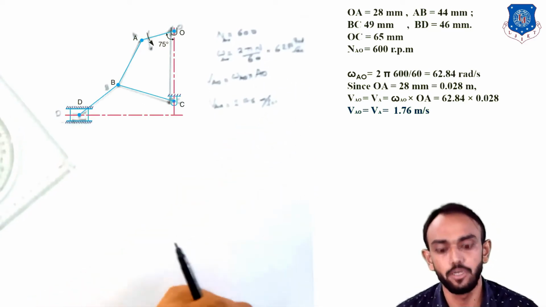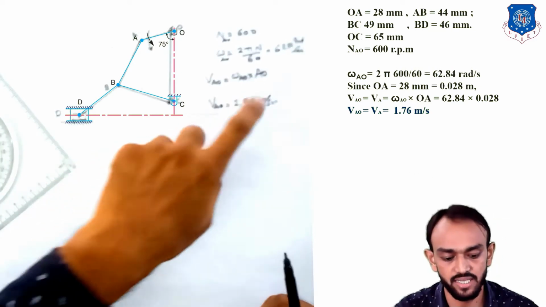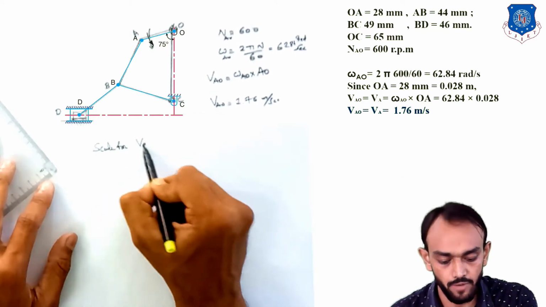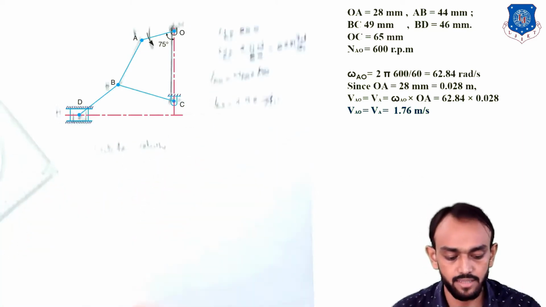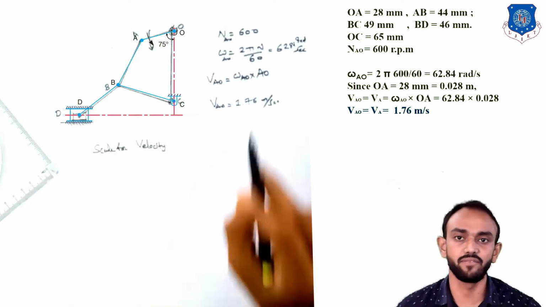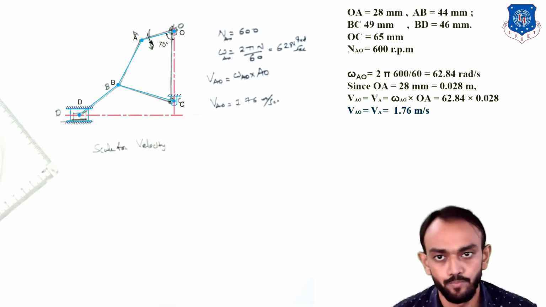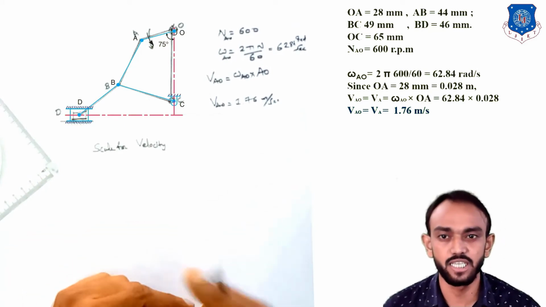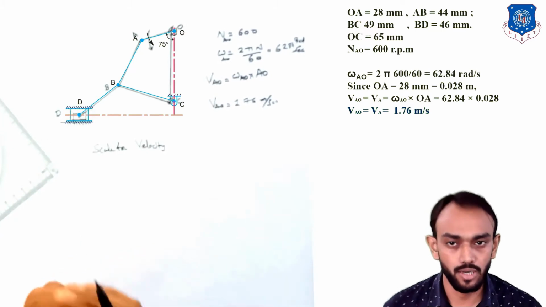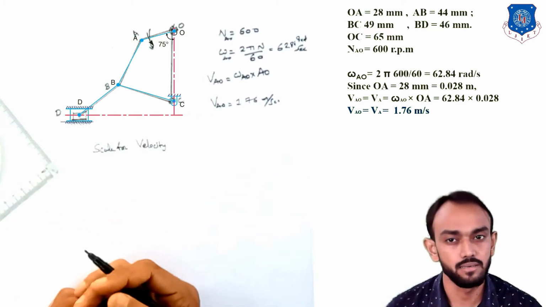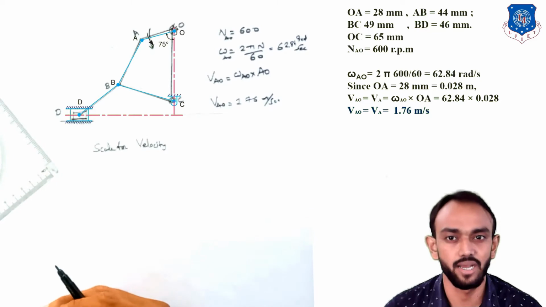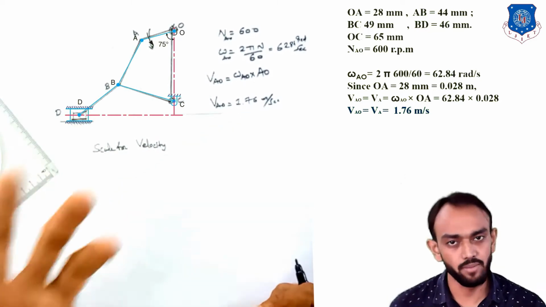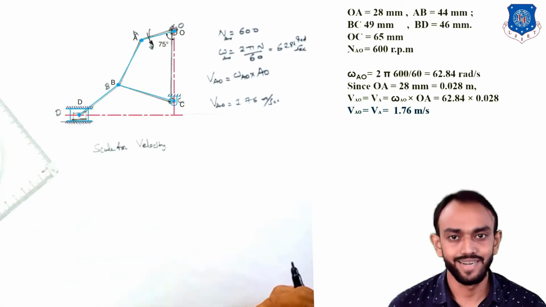So now how will you draw the velocity diagram using this velocity? What scale will you take for velocity? You can see the velocity is 1.75, so you can take 0.25. If you take 0.25 meter per second equal to 1 centimeter, then the length of that first vector will be 7 centimeters, which will be sufficient to draw this diagram.